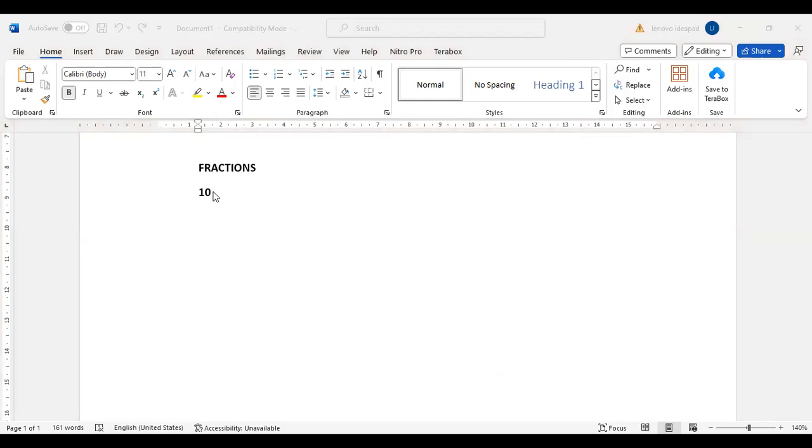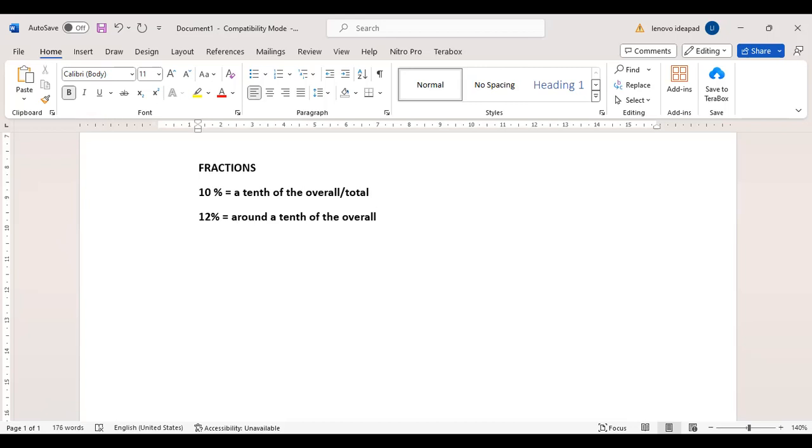Sure. So, as you know, percent is 10. By saying percentage in words, we call it a fraction, a tenth of the overall or total. And if it's 12%, you can say around a tenth of the overall. 20% is a fifth of the overall or total.